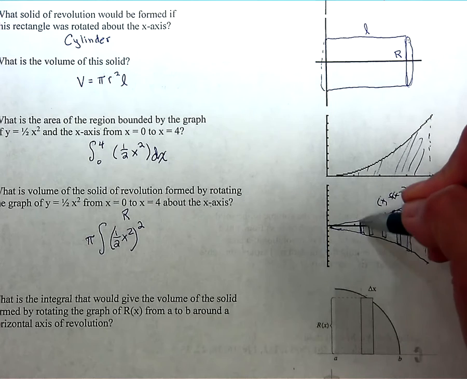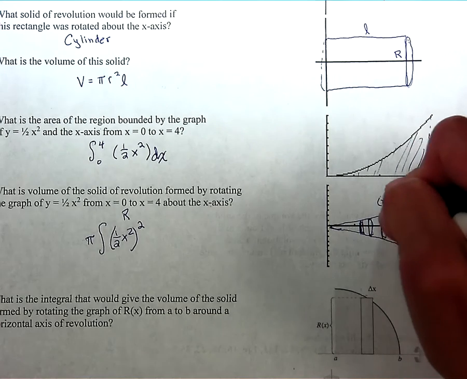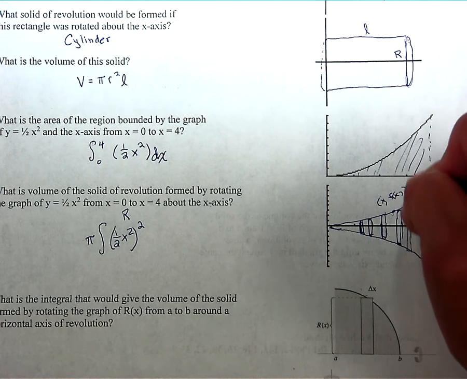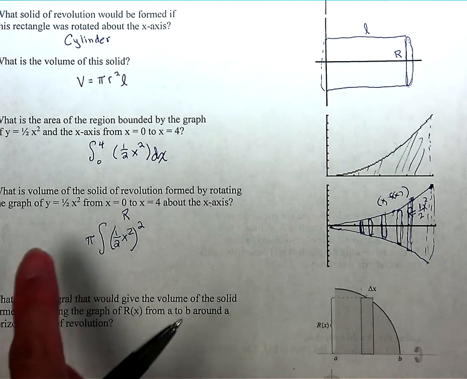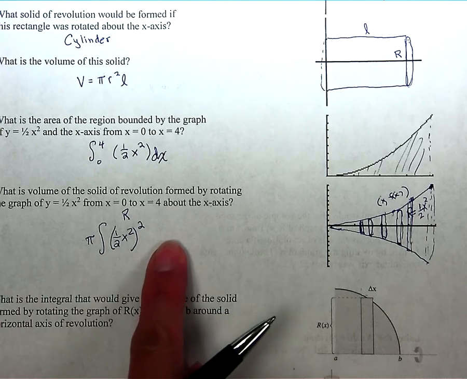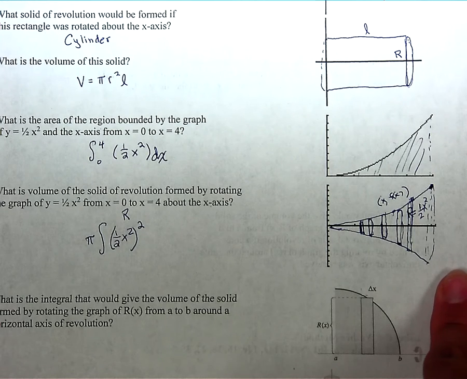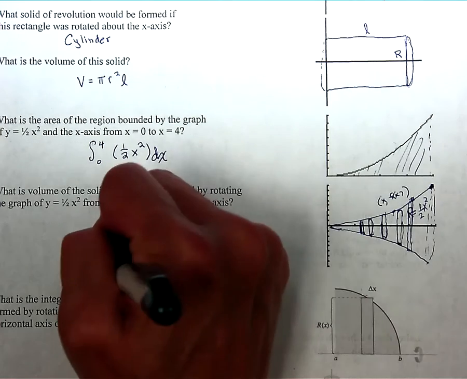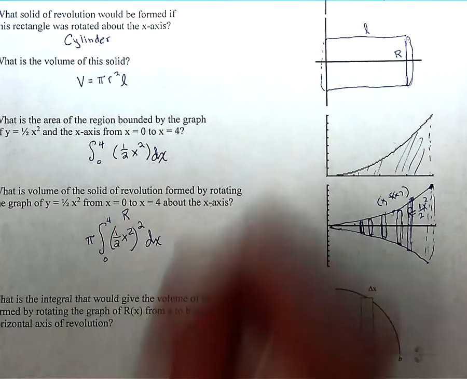Each of these x's, there's a little disc. Instead of just being a rectangle, these are really discs. And the area of each disc is pi times this r squared. So if I want to add up the area of all those discs, that's what integration does. Add up all the area from x equals 0 to x equals 4 of the radius squared dx.